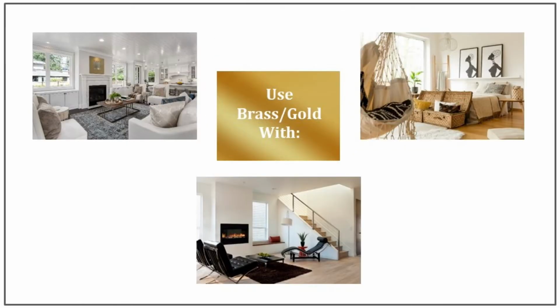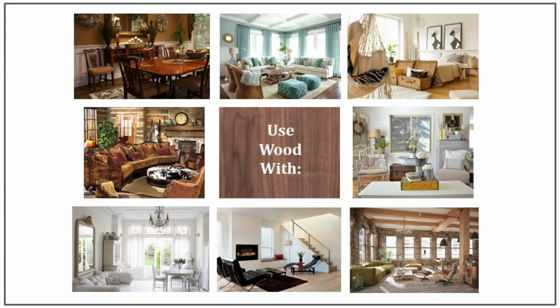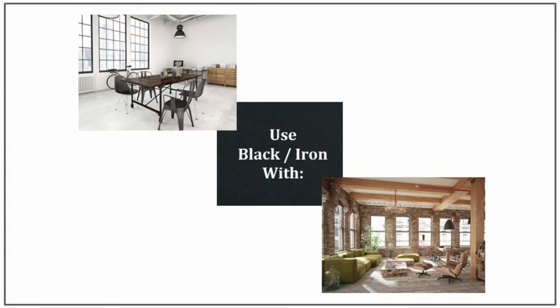Brass or gold looks best with transitional, mid-century modern, and bohemian styles. Wood looks best with the following styles: traditional, coastal chic, bohemian, French country, farmhouse, western, mid-century modern, and urban modern. Black or iron goes best with an industrial style.